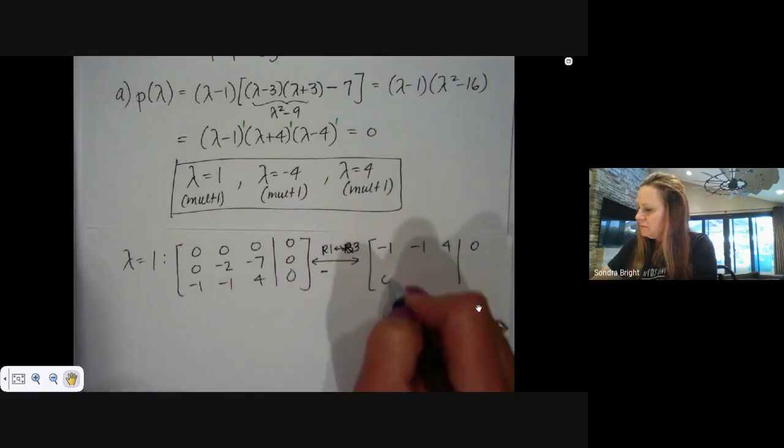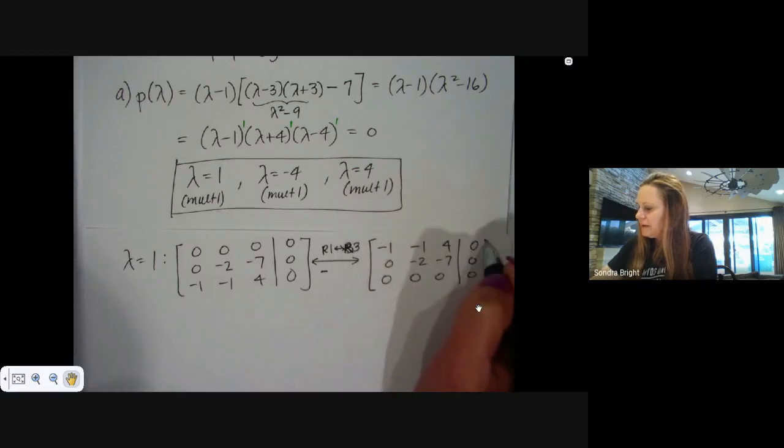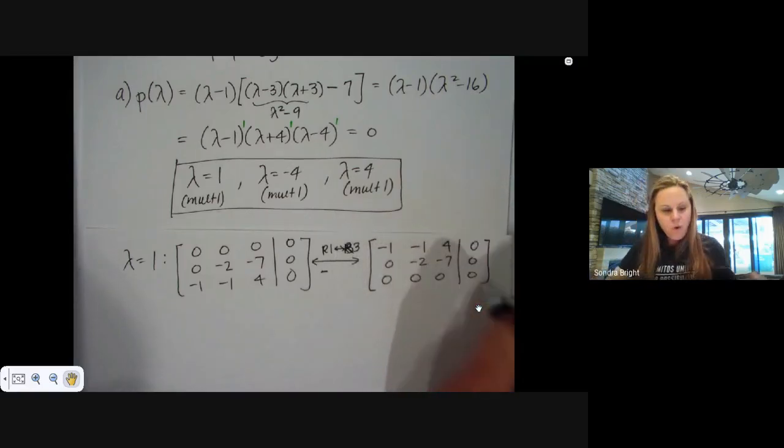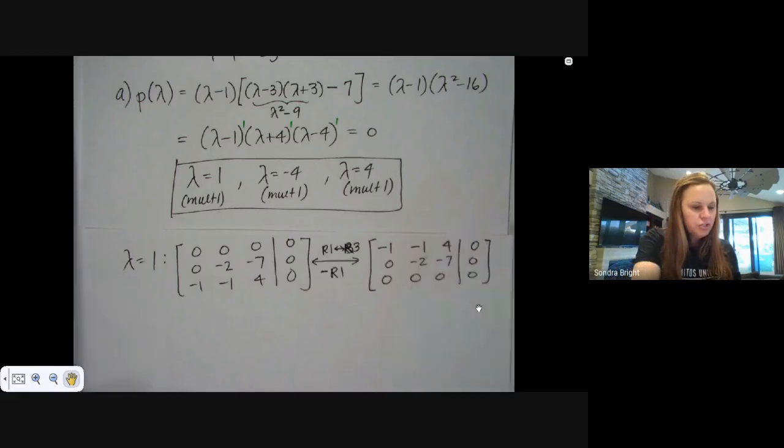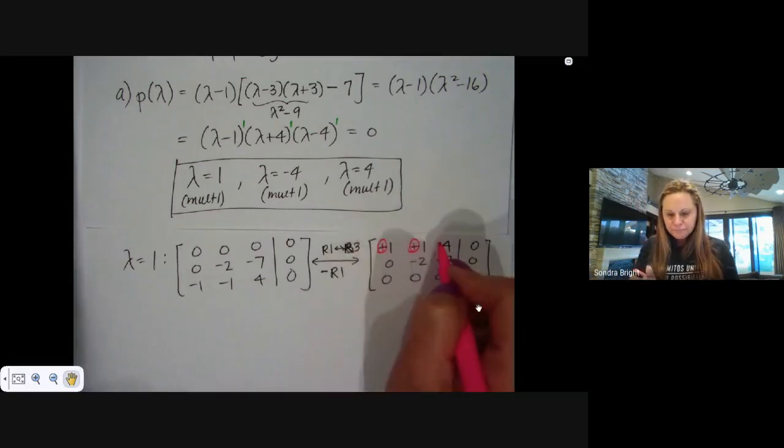Perfect. 0, -2, -7, 0. And then I'm also going to do a negative row 1, so I'll change this guy to a positive, that guy to a positive, and that one to a negative. So I changed all the signs.